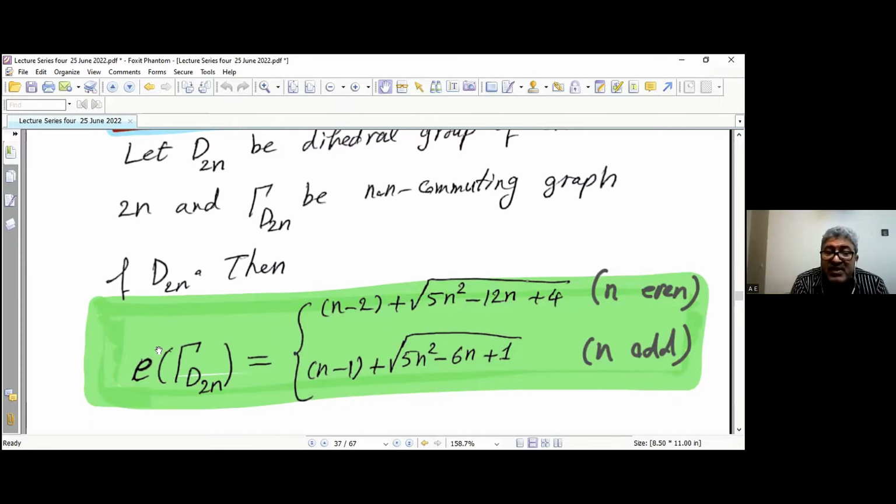Because we will introduce some more energies, energy without anything else is the sum of the absolute values of eigenvalues. So here is the energy for the non-commuting graph of the dihedral group of order 2 times n. We have 2 cases: n is odd and n is even.